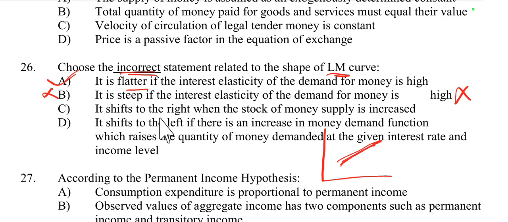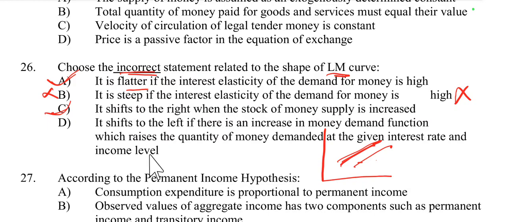Then option C: it shifts to the right when the stock of money supply is increased. Yes, when the stock of money supply increases, the LM curve shifts to the right. Option C is right. Then option D: it shifts to the left if there is an increase in the money demand function, which raises the quantity of money demanded at the given interest rate and income level.